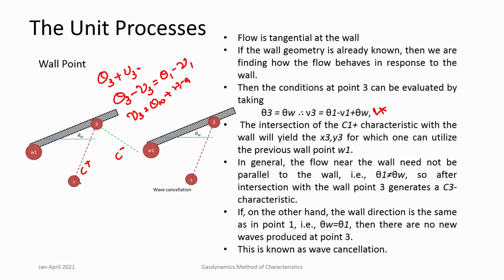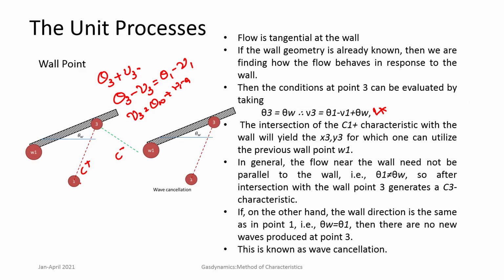But if we are looking to see that we do not get any C minus reflection of these characteristics, this is useful when we are looking to design a contour such that the wall changes in such a way that it will always produce a uniform flow.